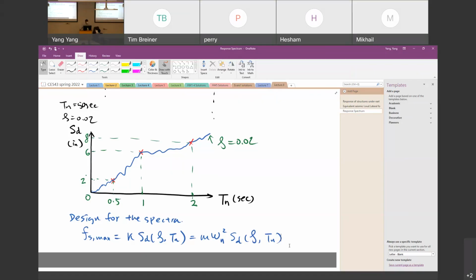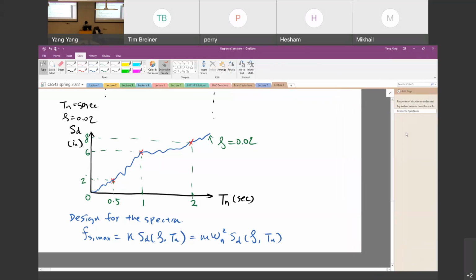You will see when you do that project, if you change the damping ratio of the structure, how much the difference is. Very good question. So, any other questions up to here?